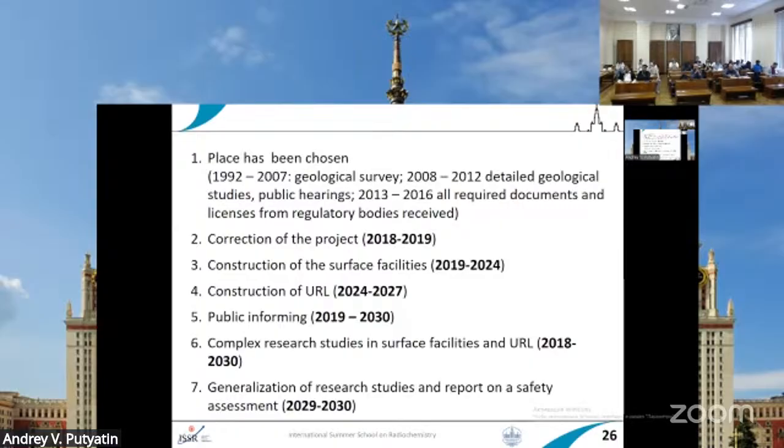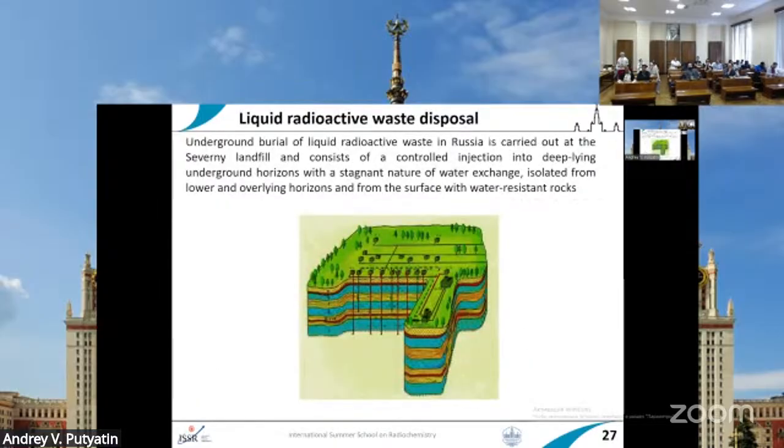We already have quite a lot of investigation of the properties of the rocks excavated from the boreholes. And by the schedule, by 2030 there should be a final safety assessment of this site and the decision about the suitability of this site for the construction of the final disposal for high-level waste. So we will see how it will work.